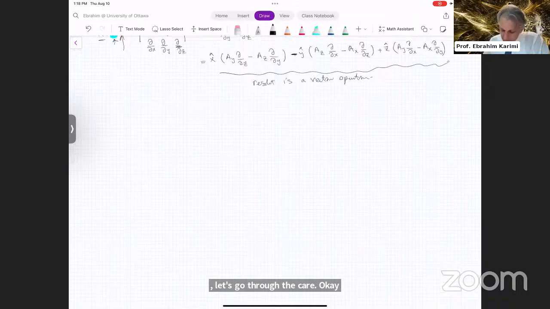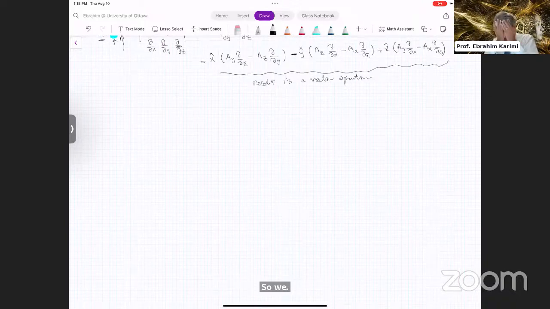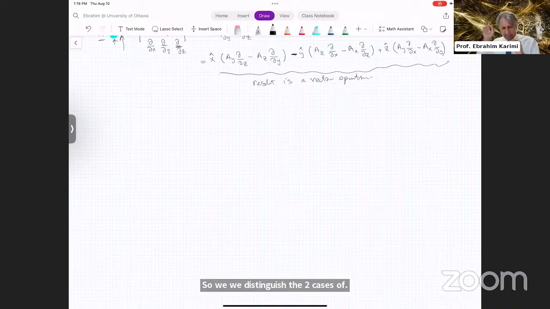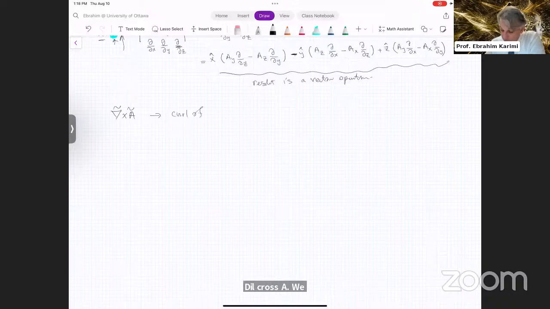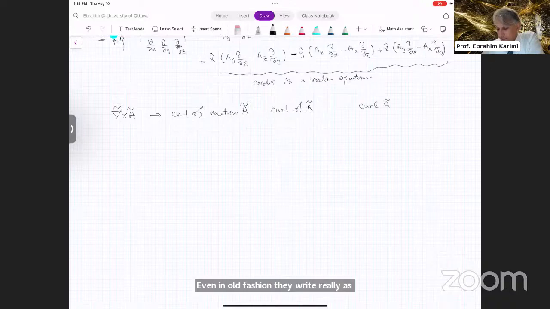So we distinguish the two cases of A cross del and del cross A. Del cross A, we call it curl of vector A, or simply curl of A. Even in old fashioned books, they write it as curl A. If you look at the old books, you will see that sometimes.